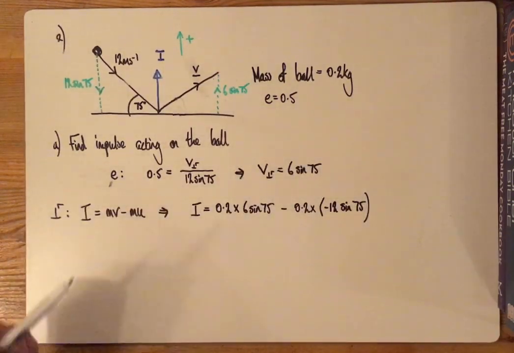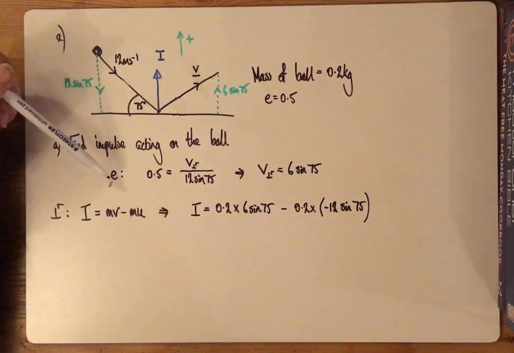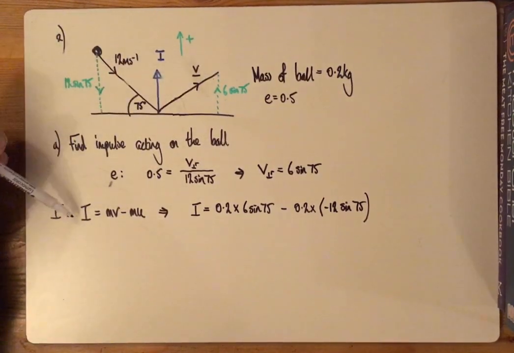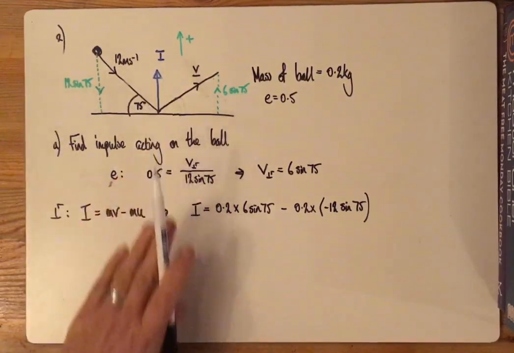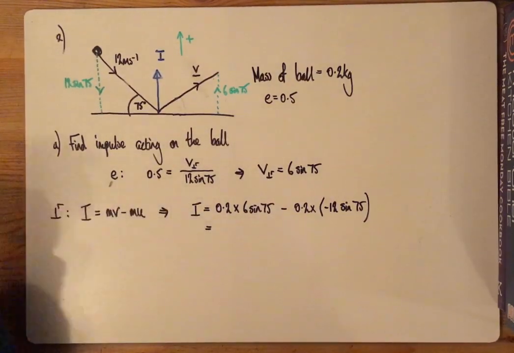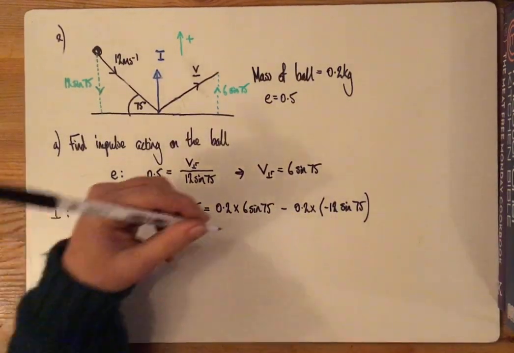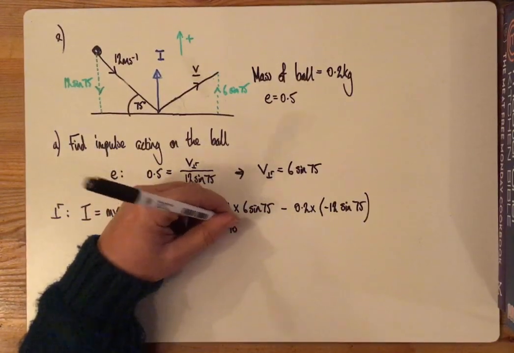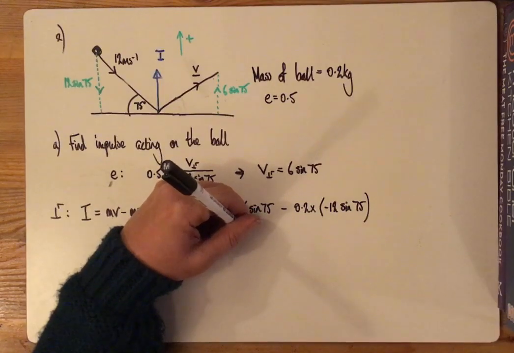So just be really clear about this. When you're doing restitution, you're working with speed, so it's just the magnitude of these. Impulse has a direction, and so you need to think about that positive, negative direction again. And if you work that through, the impulse comes out as 3.48. And that's perpendicular to the plane.